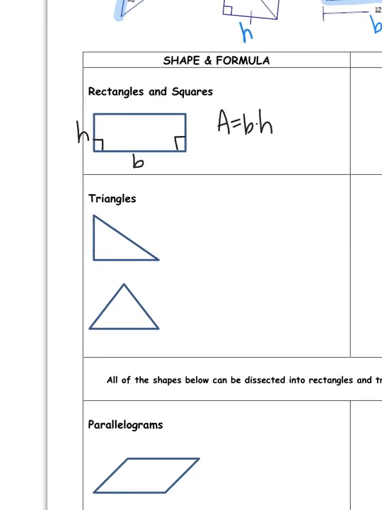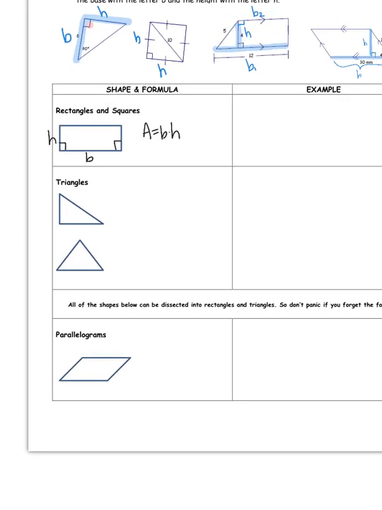So for our example for a rectangle in this space, I'm going to draw a rectangle that has a 90-degree angle, and it has two congruent sides on either side. And this time I'm going to give you that the diagonal is 13, and that the base is 12. Now in this case I know my formula is area equals base times height.